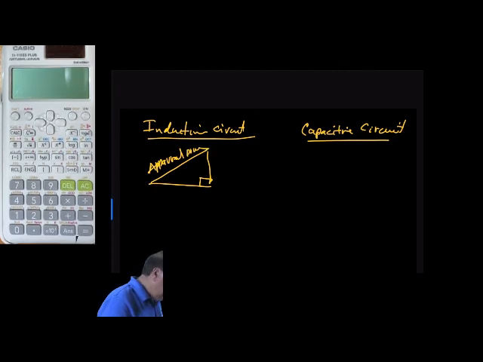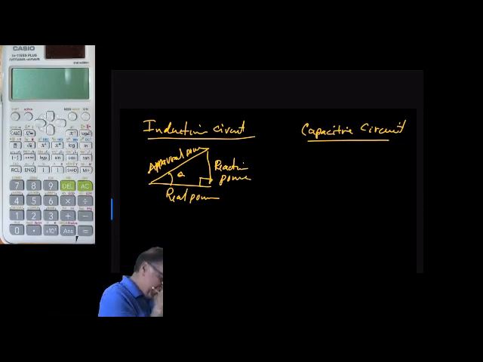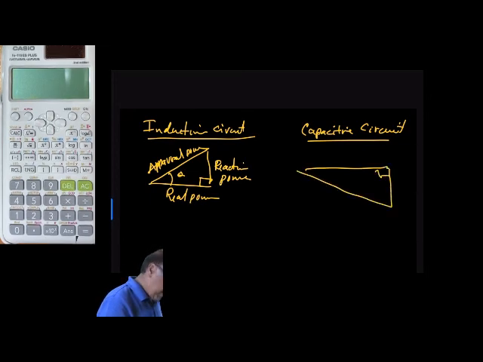This is the real power. This is theta, and this is the reactive power. In a capacitive circuit, it looks like this. This is the real power. This is the apparent power. This is reactive with angle theta.